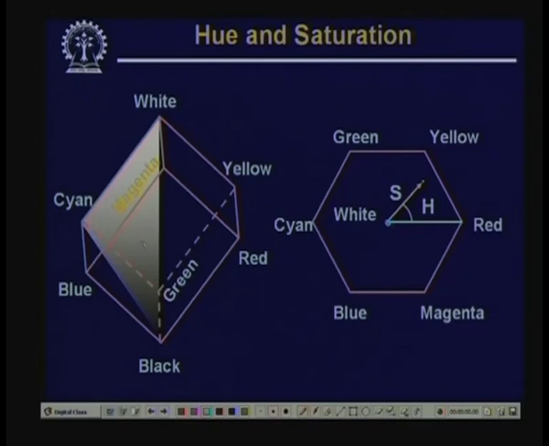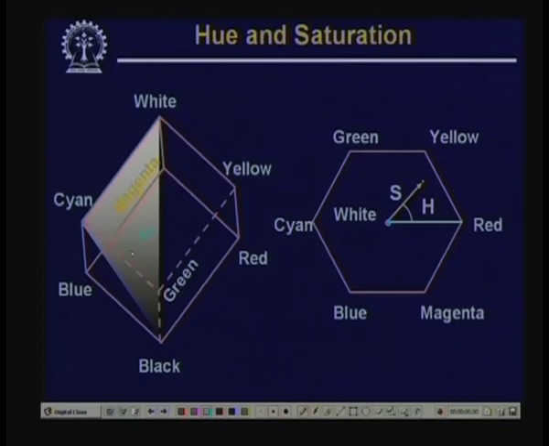So, if I rotate this particular shaded plane by 360 degree around this black and white axis, the intensity axis, its projection onto this perpendicular plane, which is a straight line, will also be rotated by 360 degree around the center of this hexagon. Now, this gives us a hint of how we can find out the hue associated with a particular color point specified in the RGB color space.